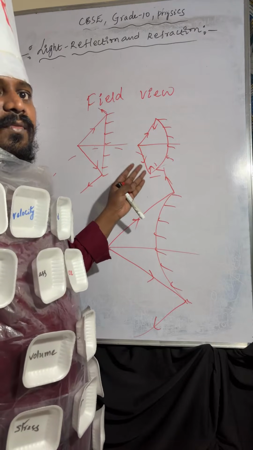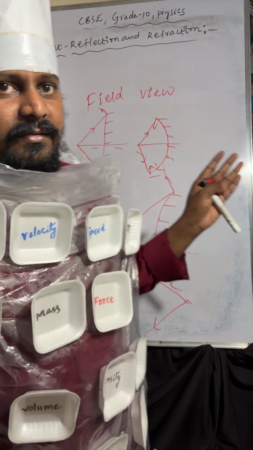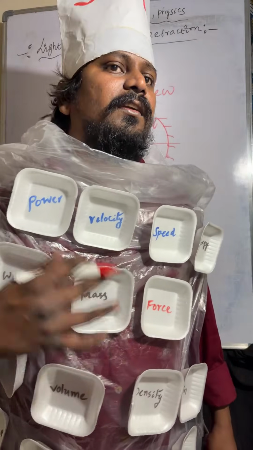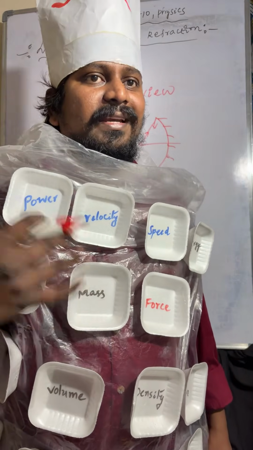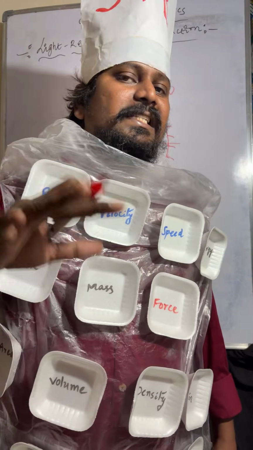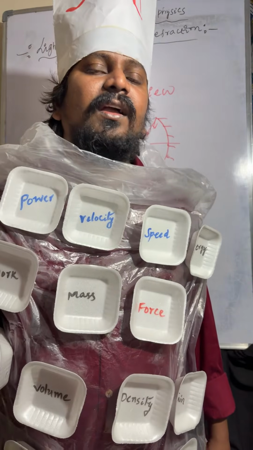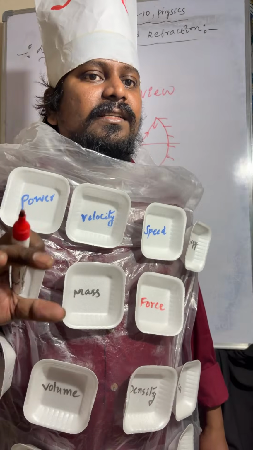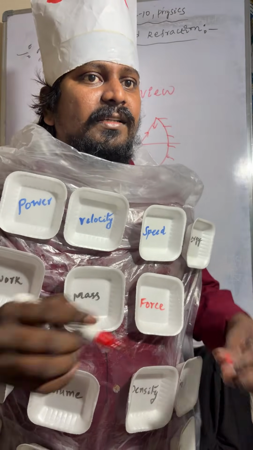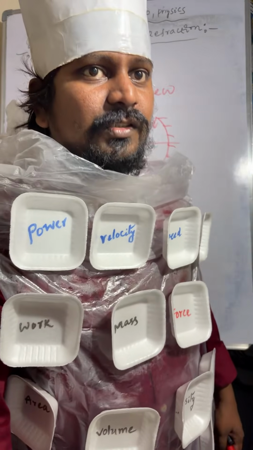That's why we use convex mirror as a rear view mirror, so we can see the full view of the traffic. Backside whatever vehicles are coming, we can observe in the mirror. Understood? So that is the reason.